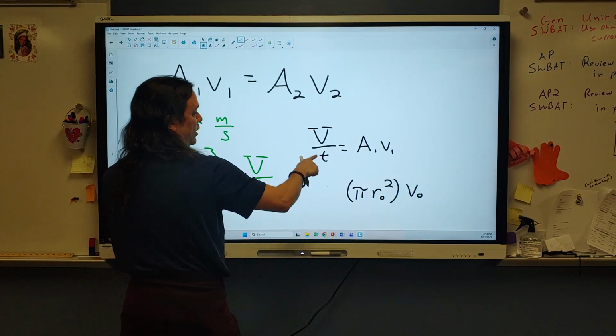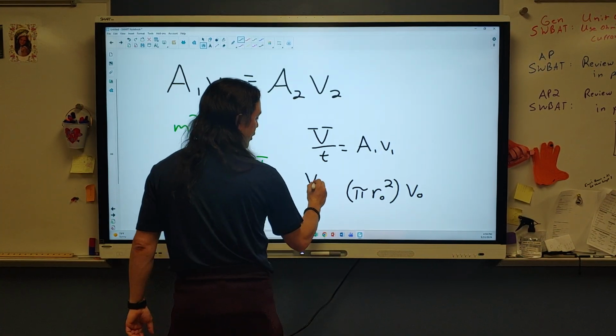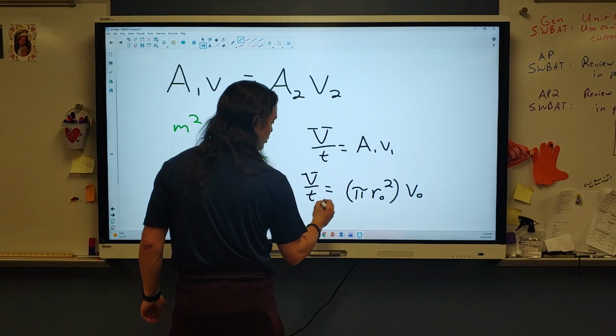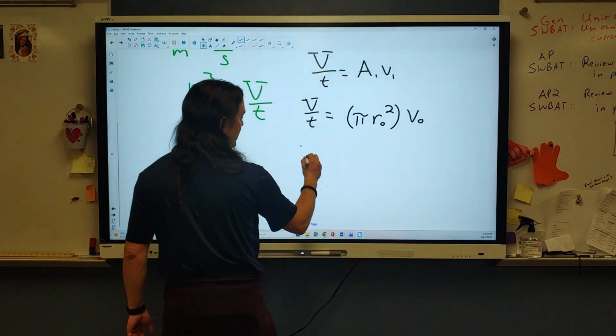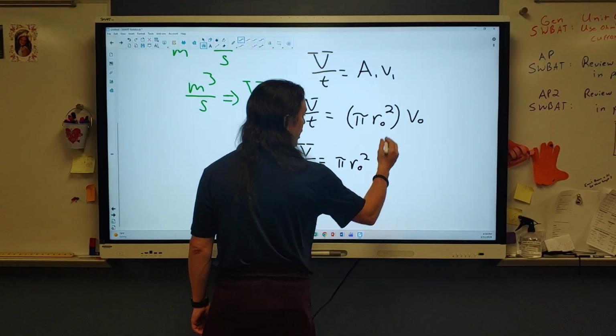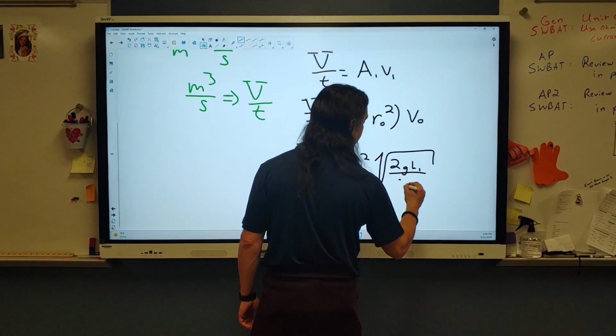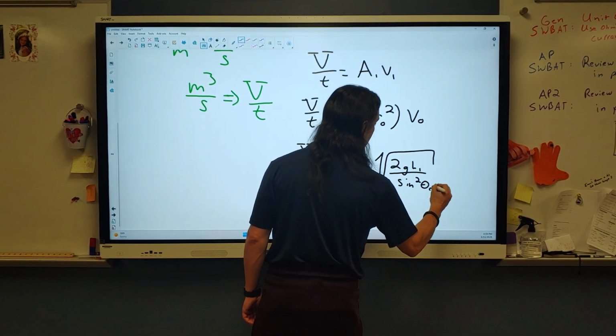Here's my continuity equation. I've identified that my volume per time is equal to this. And finally, my last step is my volume per time equals pi r naught squared times the square root of 2g h1 over sine squared theta naught.